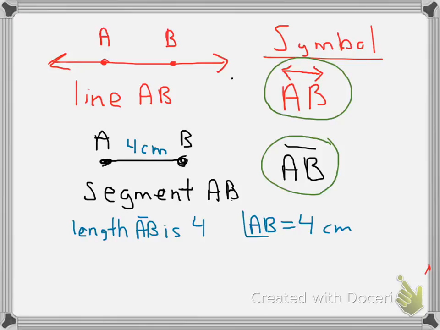So this tells us that the length of segment AB, whether it's drawn or not, is 4 centimeters. So we have 3 different meanings for the letters A and B. At the top, with a line symbol above it, we're talking about line AB. In the middle, with the segment bar above it, we have segment AB. And at the bottom, with nothing above it, it means the length of the segment AB.